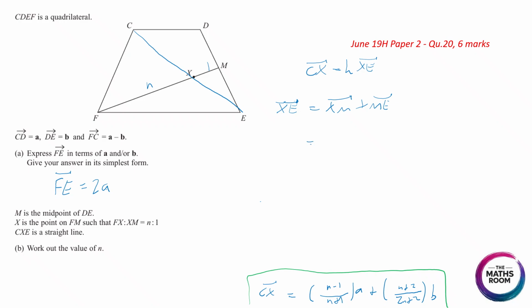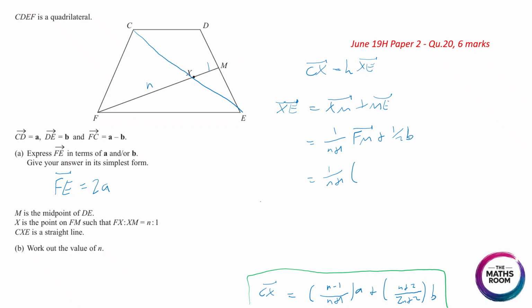So this time x to m is 1 over n plus 1 of the vector f to m. M to e is a half b, straightforward. So this is 1 over n plus 1 f to m.